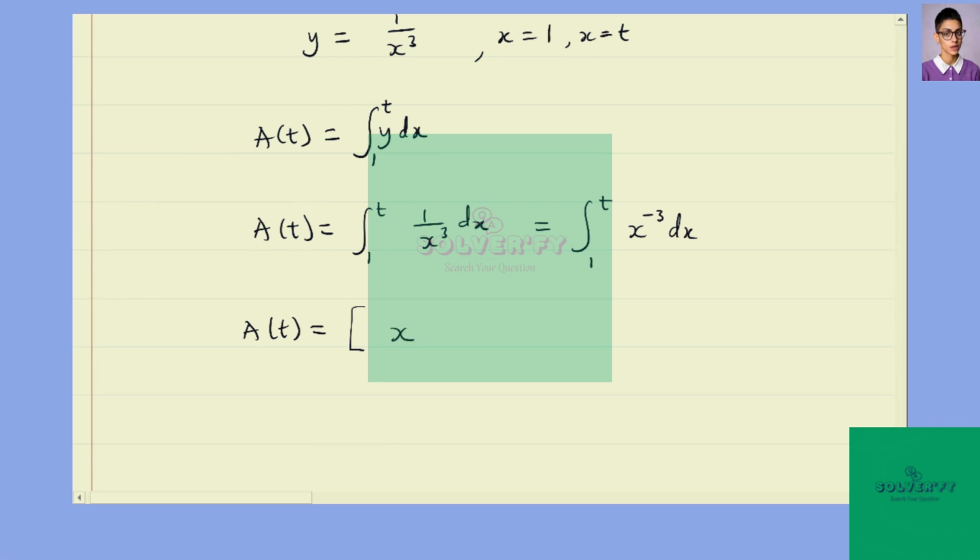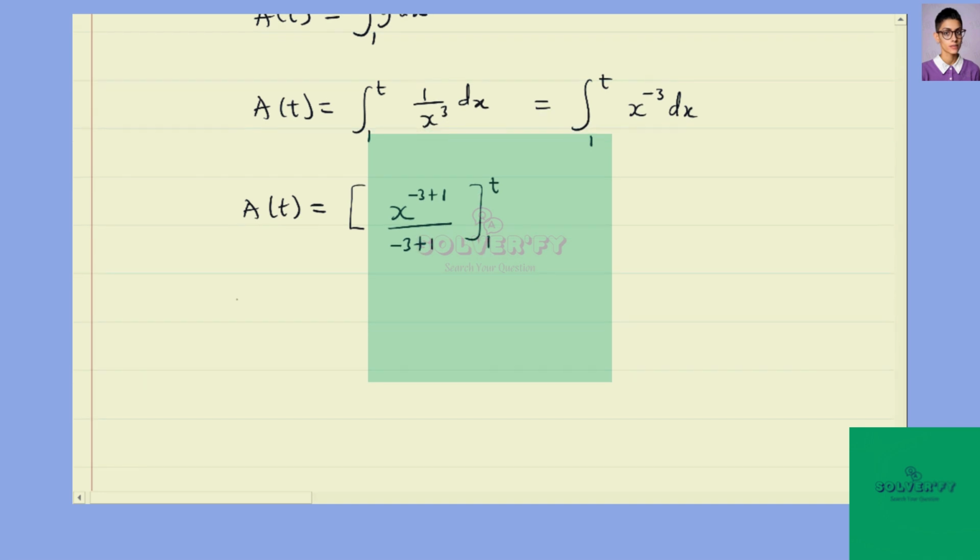When you are integrating, you add 1 to the power, so from 1 to t, that is x to the power negative 2 over negative 2, from 1 to t.